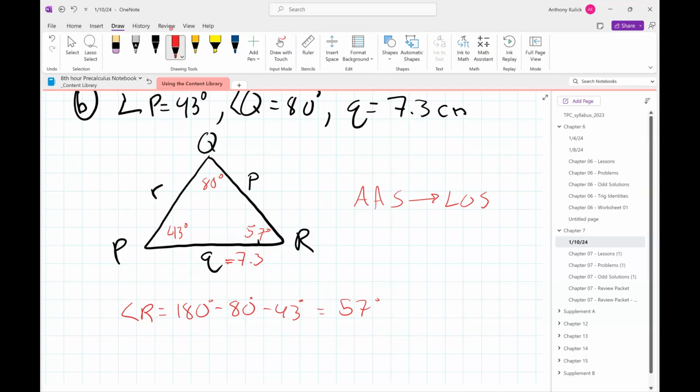We're left to solve for 2 side lengths, P and R. To do that, we're going to use the law of sines. Should we be using angle P over side P, angle Q over side Q, or angle R over side R to start? Should be using Q, because that's the one I know both the side and the angle with, right?